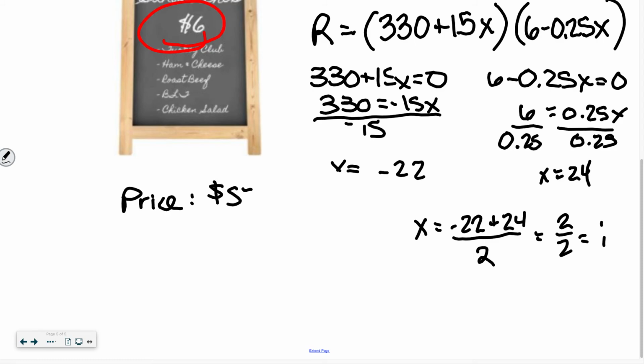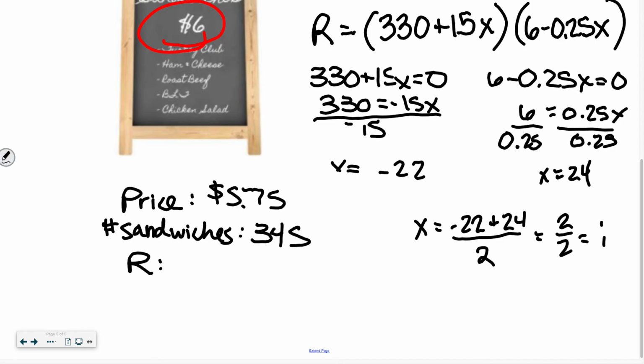How many sandwiches am I going to sell? 15 plus 330, so 345. So what's my revenue? That times that. 5.75 times 345. You can plug it back into the original equation, that's fine.